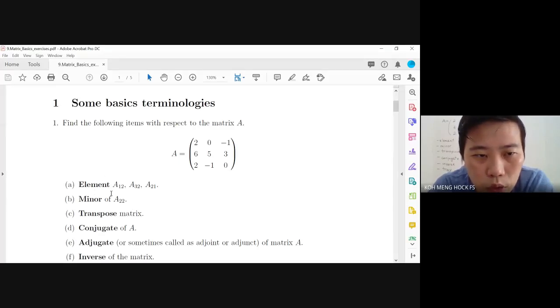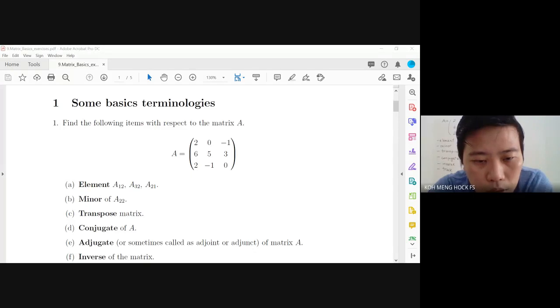An element refers to the specific value in the matrix. You do remember you have A_ij: the i, the first number in the subscript, is the row, and the second number is the column, right?